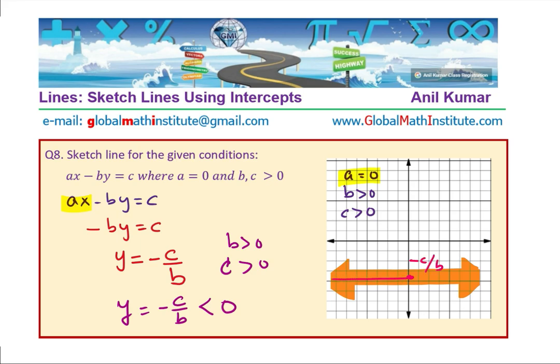So that is how the line is going to be. Perfect. So this gives you a horizontal line which will go through quadrant 3 to 4, right? Do you see that? So that is how the line will be. Perfect. Very important example. Therefore, I've used a highlighter here.